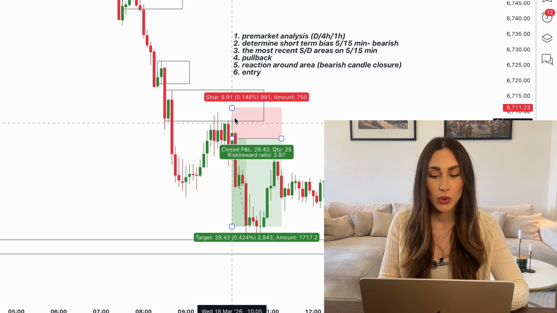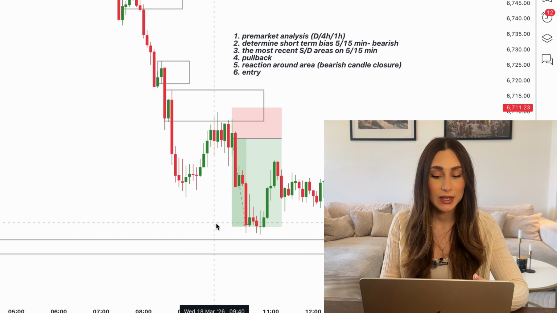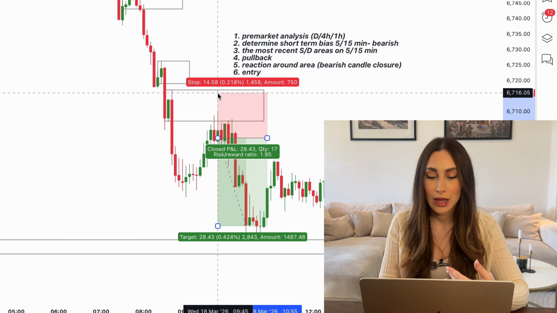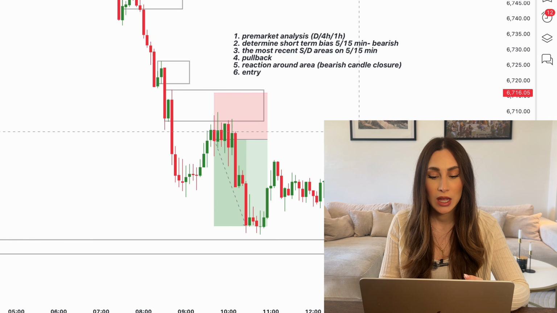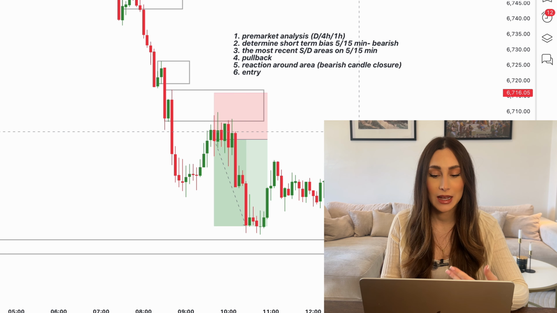When the price broke this low, I was trailing my stop loss a bit more tight. And yeah, the trade was A plus. As you can see, you gotta trust your strategy and you gotta stay in a trade for as long as it does not invalidate your areas.